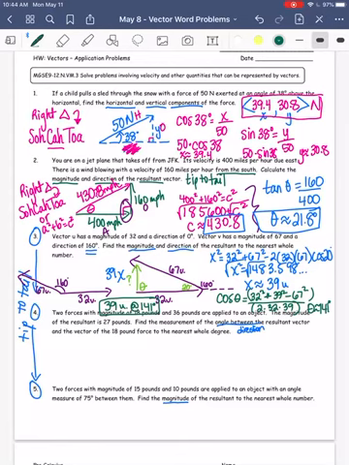All right. So now we need to go to number 2. We have 2 forces applied to some object. One's 18, one's 36 pounds. The magnitude of the resultant is 27. So I cannot draw the resultant as it is here because it's not tip to tail.